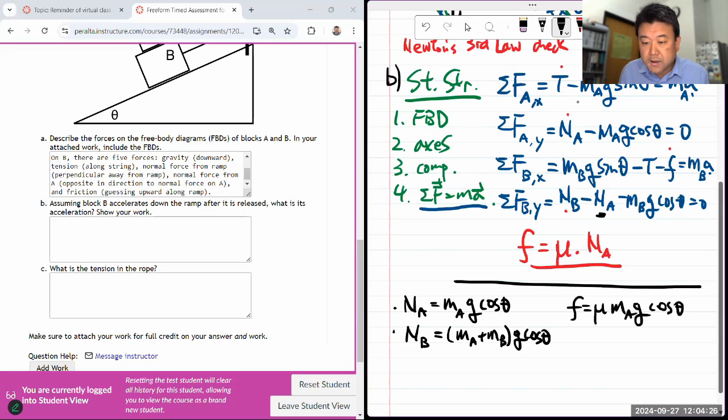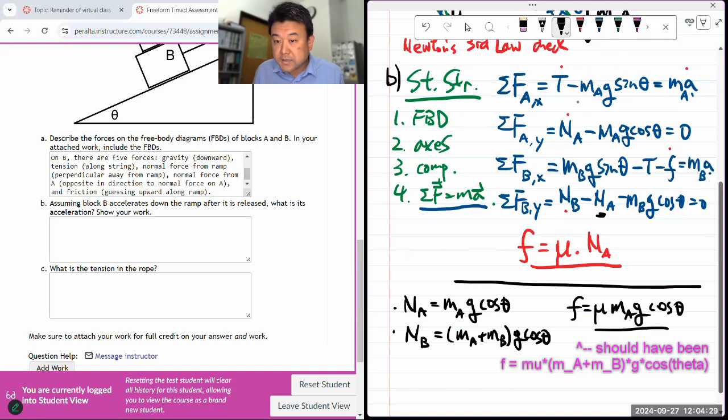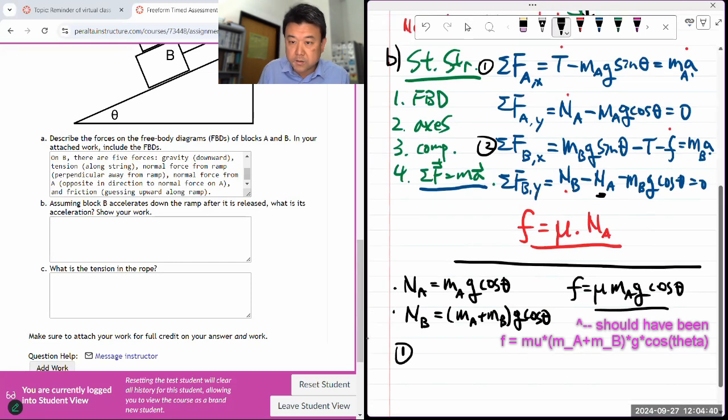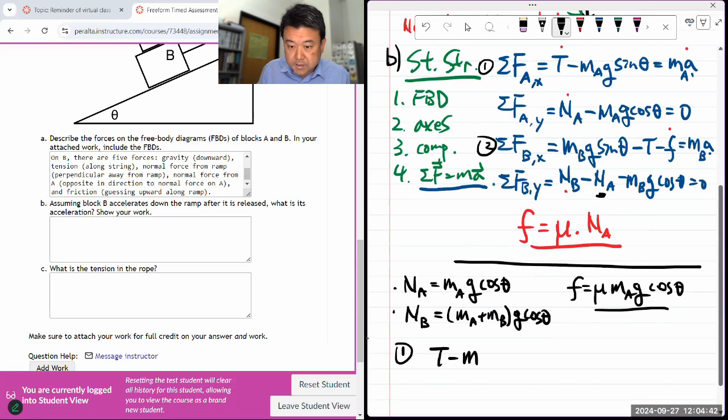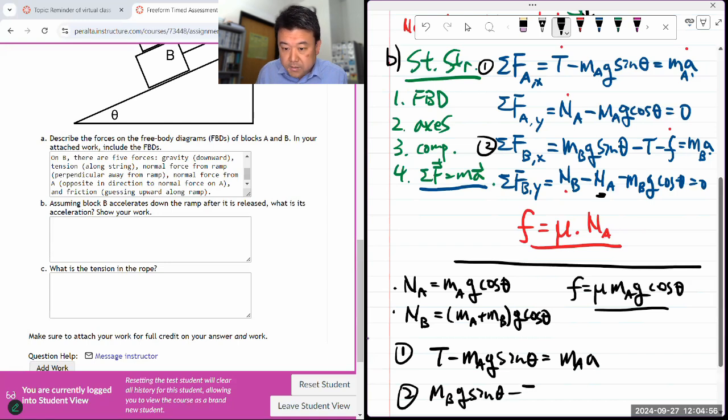which is mu m_A g cosine theta. At this step, I think I should write down simplified versions of equations 1 and 2. My simplified version of equation 1: T minus m_A g sine theta is equal to m_A a. Equation 2: m_B g sine theta minus T minus the friction, mu m_A g cosine theta, is equal to m_B a.